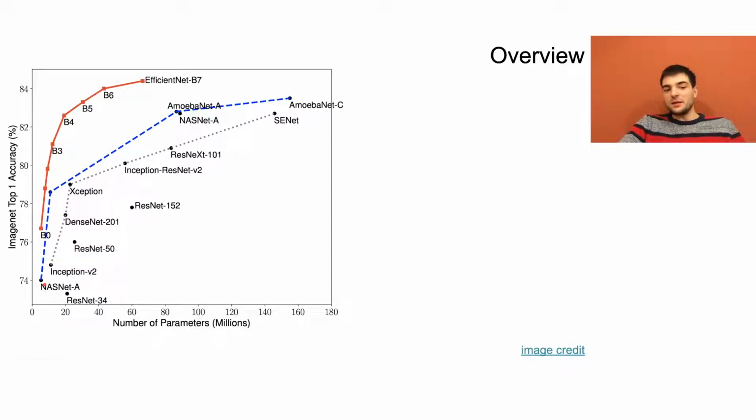From 74%, for example, for NASNet, and even lower, for example 73, I guess, for ResNet 34, the quality is now around 84%. And once again, it's top 1 accuracy with many classes. Kind of a lot. We see that the quality increased a lot, and definitely the number of parameters is increasing as well.